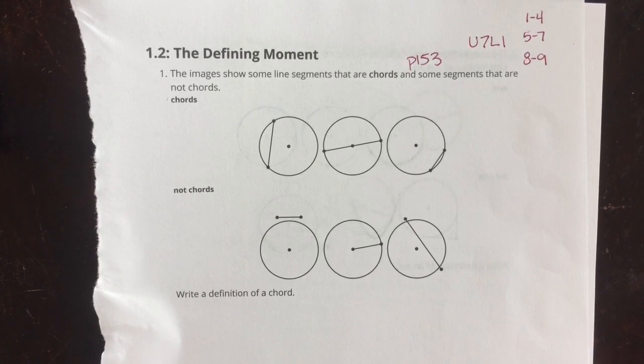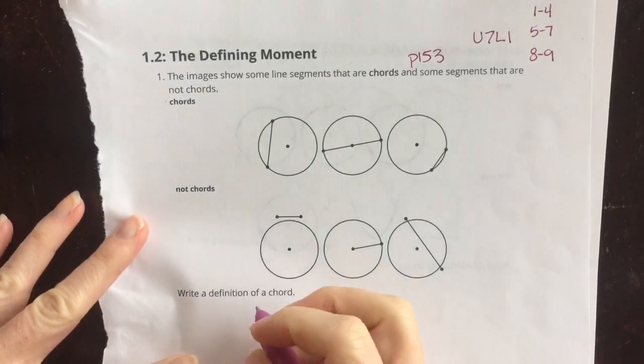This curriculum, these activities work when you try to think of your answers first and then come back together with the video to confirm your thoughts. This is also supported by the Desmos activities that we have to go along with this lesson. So the definition of a chord is what we're asked to come up with.